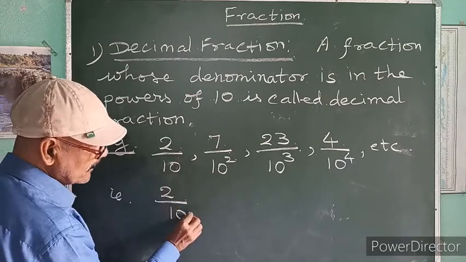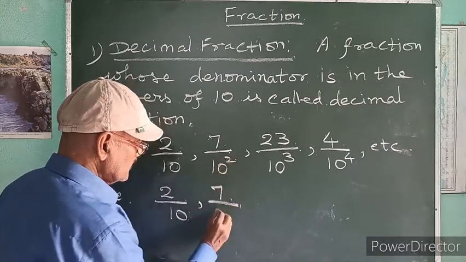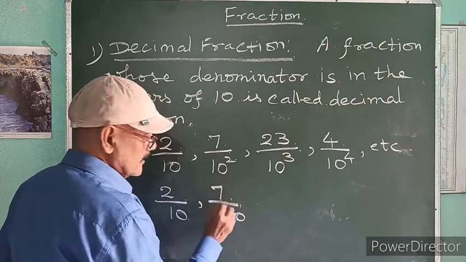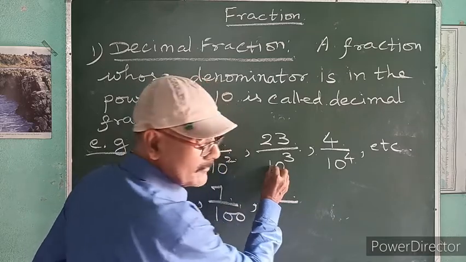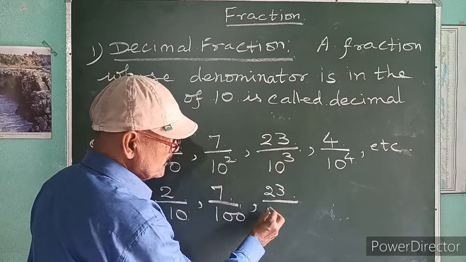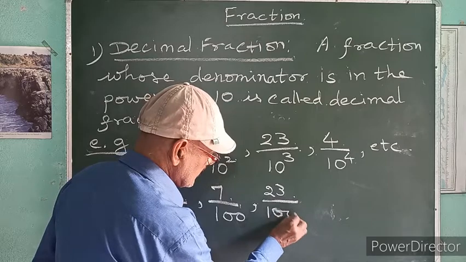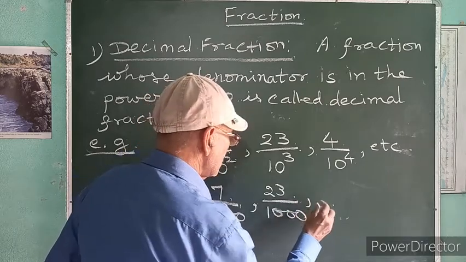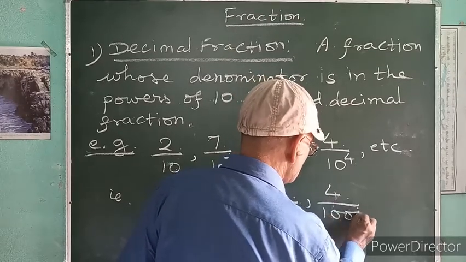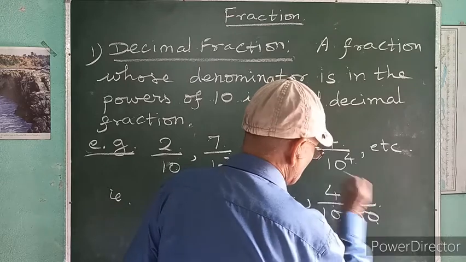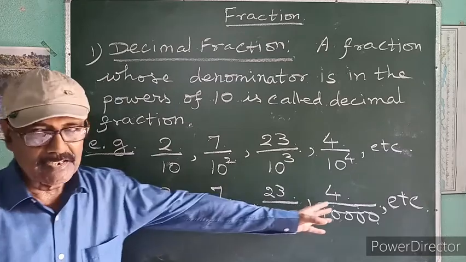Here it is 10 to the power of 1, so it is 10. 10 square means 100, 10 into 10, and 23 upon 10 cube means 10 into 10 into 10, that comes to 1000, and here it comes 4 upon 10,000, etc. Now these are called the decimal fractions.